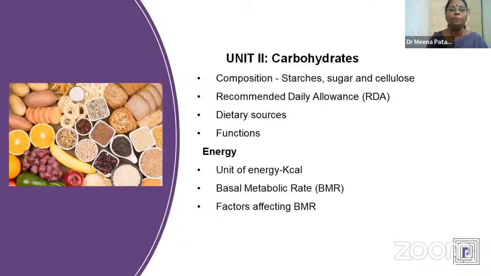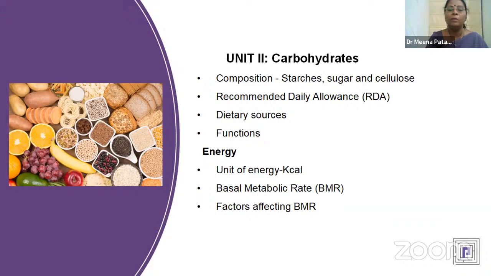Moving on, we go to Unit 2, one of the most important macronutrients, because a macronutrient is something which is needed in large quantities by our body. So it includes the composition, starches, sugars, and cellulose, and the recommended daily allowance, RDA, which is prescribed by the ICMR, Indian Council of Medical Research.